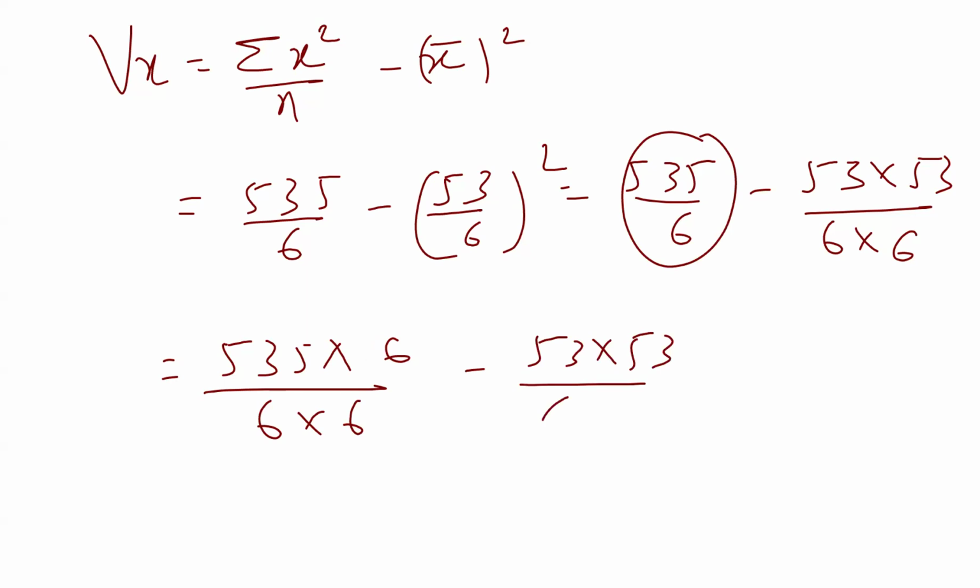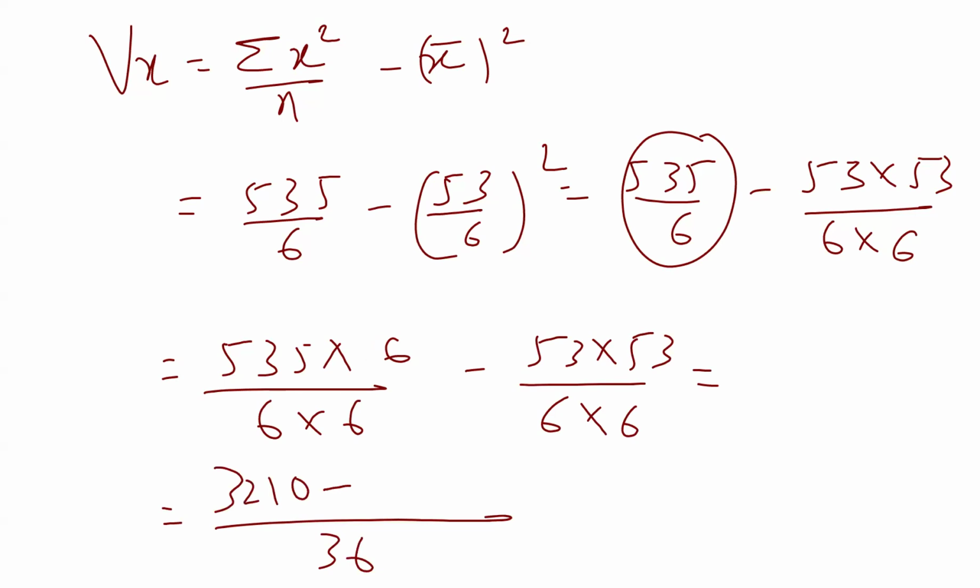So this will be 36, which is the common denominator. 535 into 6 is 3210, minus 53 into 53, 2809. So 3210 minus 2809 is 401 upon 36. That's the variance of x.